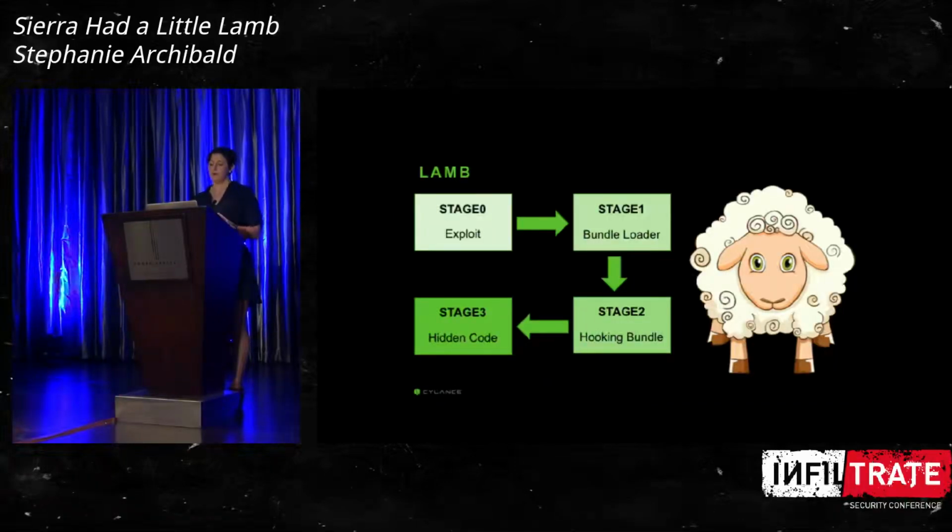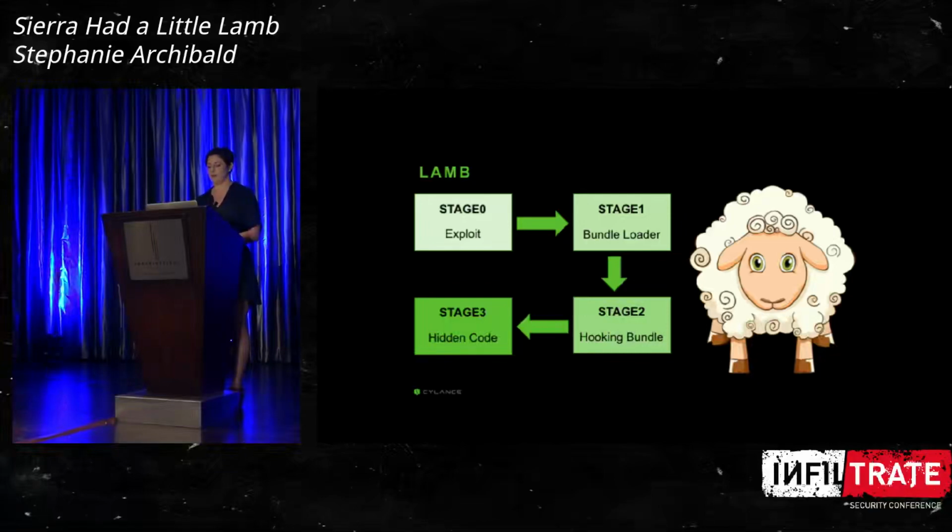The code that I wrote kind of comes in 4 stages. Stage 0 is the exploit stage, so it's whatever you're using to compromise your process. That's not going to be covered in this talk because we're kind of after the exploitation stage, right? So the very first stage that we'll talk about is actually our bundle loader. This is kind of a shellcode shim that's used to load a macOS bundle and get it executing in memory.